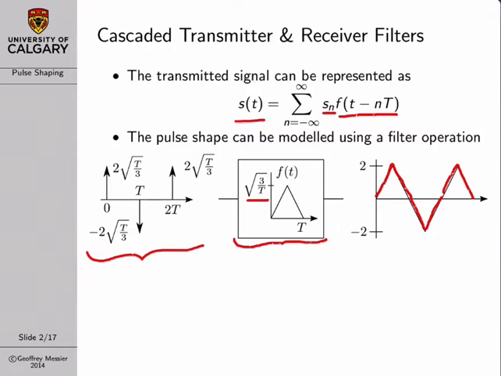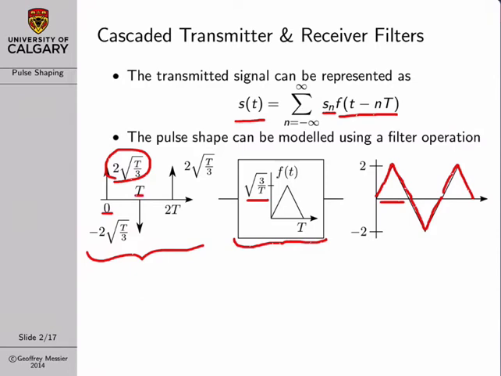In this case, we scale the area so that the area of the impulse is equal to the signal vector value. Our first impulse at time 0 has an area of 2 root T over 3. When this impulse travels through the filter, we produce the first pulse at the filter output.